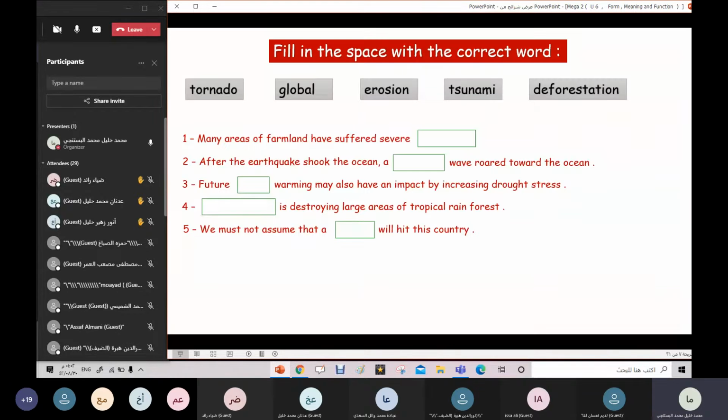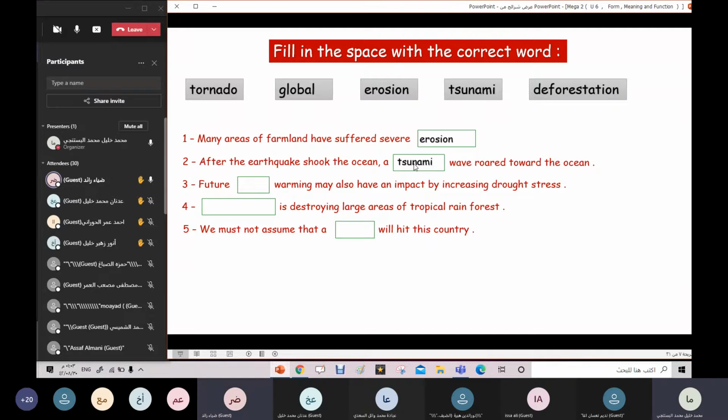Okay, now we're going to fill in the spaces with the correct word. What do you think the first one, Adnan? Many areas of farmland have suffered severe deforestation or erosion. Good. Erosion means the same as deforestation. Good.